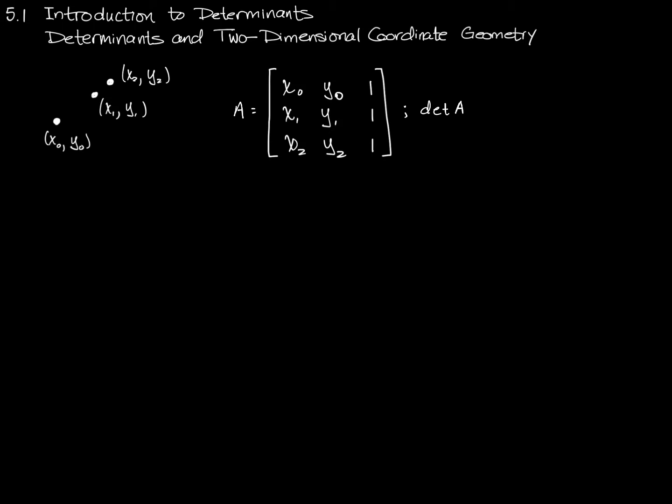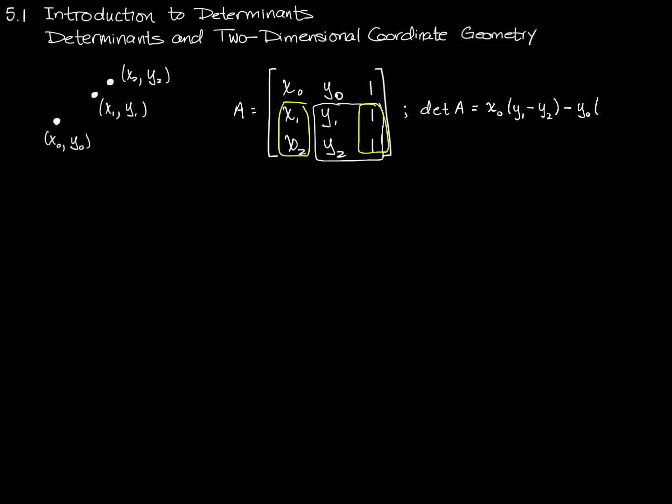What does this determinant look like? Well, it's going to be row 1, column 1, times the determinant of the remaining entry. So that's going to be x0 times (y1 times 1 minus y2 times 1). The second entry gets subtracted, so I'm going to have y0 as my leading value there, and then a matrix made up of these values.